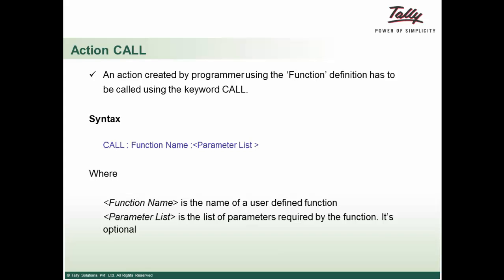The action call is a keyword, so it's a global action. An action created by a programmer using function definition has to be called by using the keyword call, colon, the function name, colon, the parameter list, which is optional depending on whether the function requires an input from the user or not.